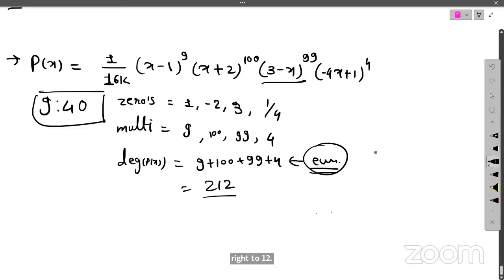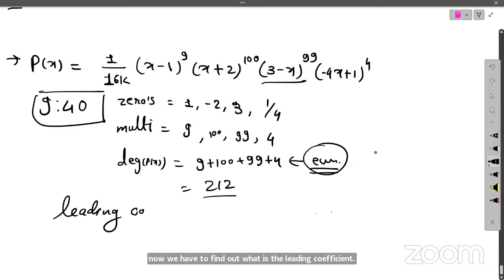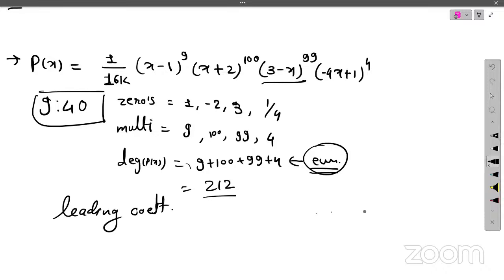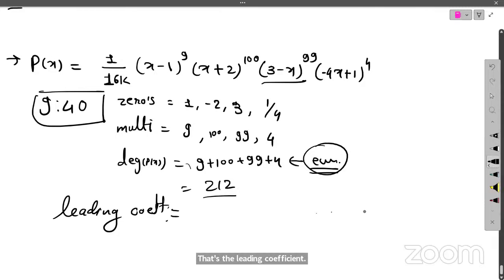Now we have to find out what the leading coefficient is. The leading coefficient will be, this is 1/16. This is positive, so it won't give us a negative sign.